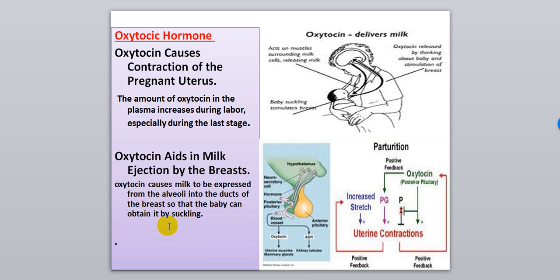So I have positive feedback in the case of labor contraction of the uterus, and also in the case of ejection of milk from the breast during suckling of the baby. These figures show the effect of oxytocin on the breast and on the uterus.